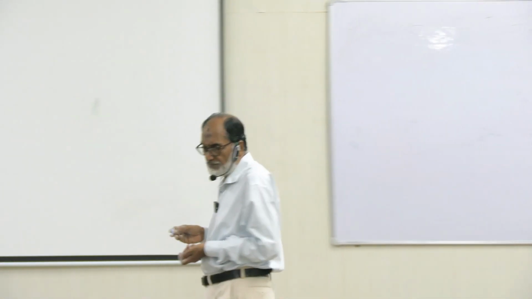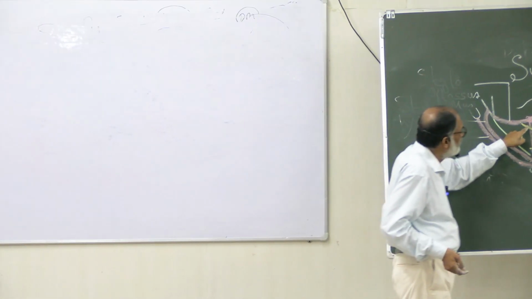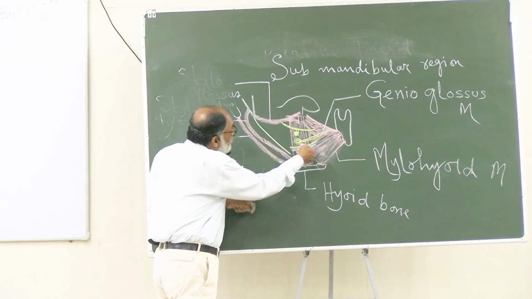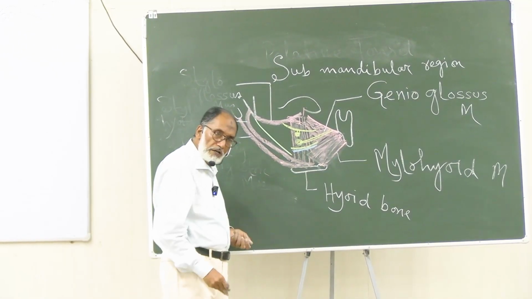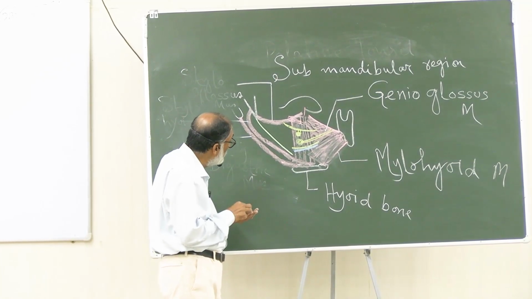Now the lingual nerve, now the lingual artery, where does the lingual artery lie? Sometimes the lingual artery comes as a short note. The lingual nerve lies superficial to the hyoglossus muscle, but the lingual artery lies deep to it. If you remove it, then you will get the lingual artery. Right? So I am drawing it with dotted lines.